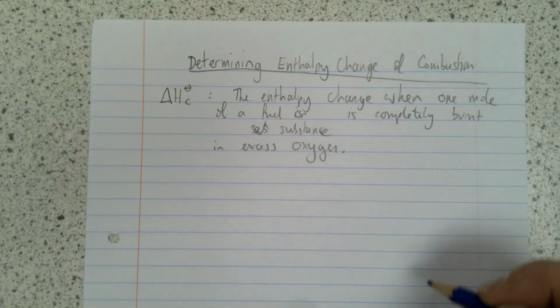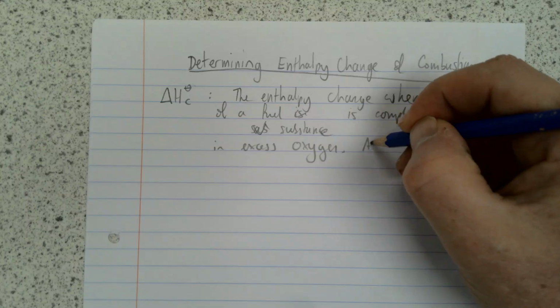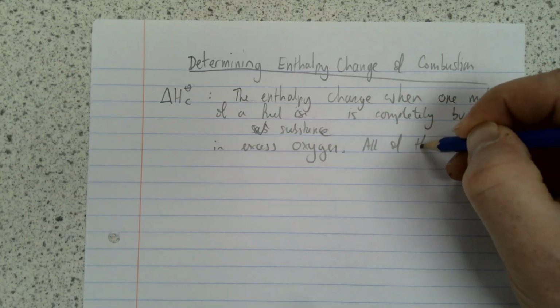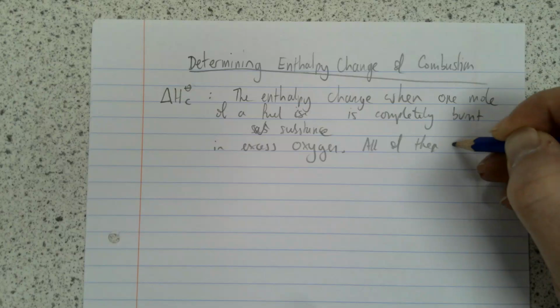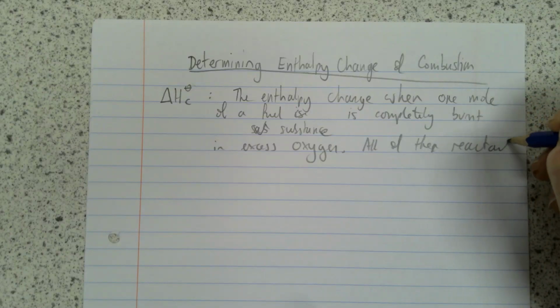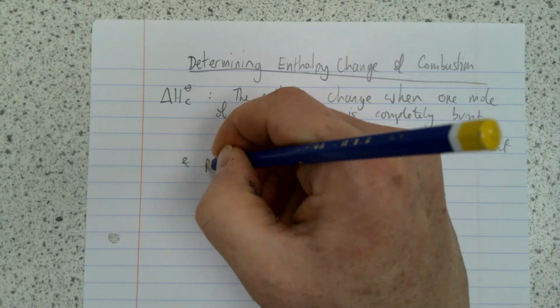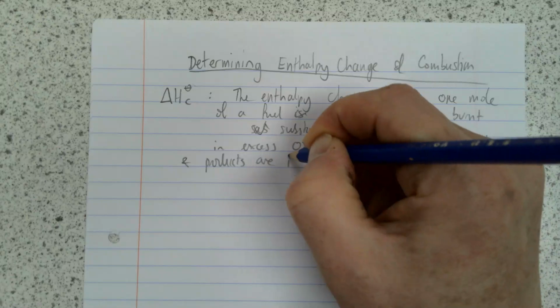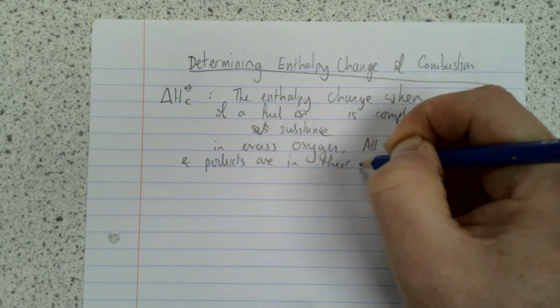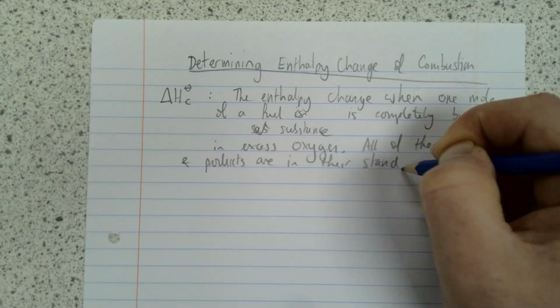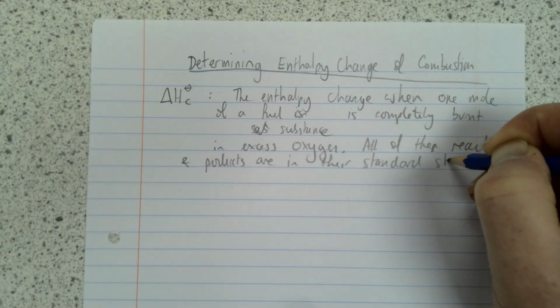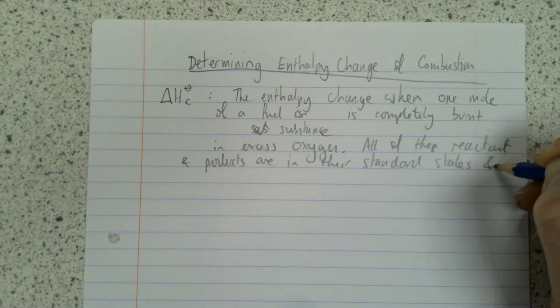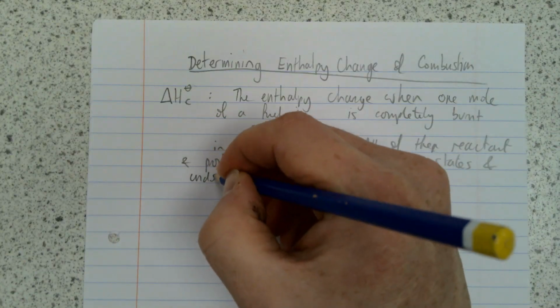We also need to add to this definition that all of the reactants and products are in their standard states. I'll tell you what that means in a minute. And under standard conditions.